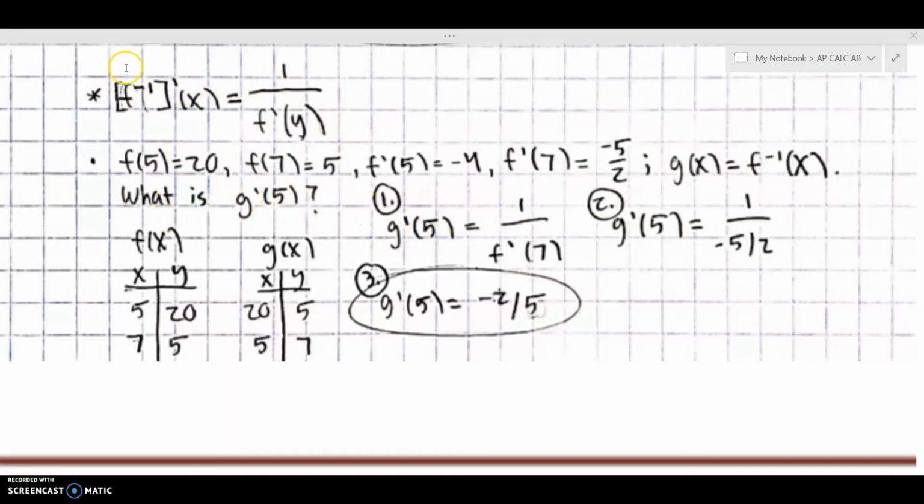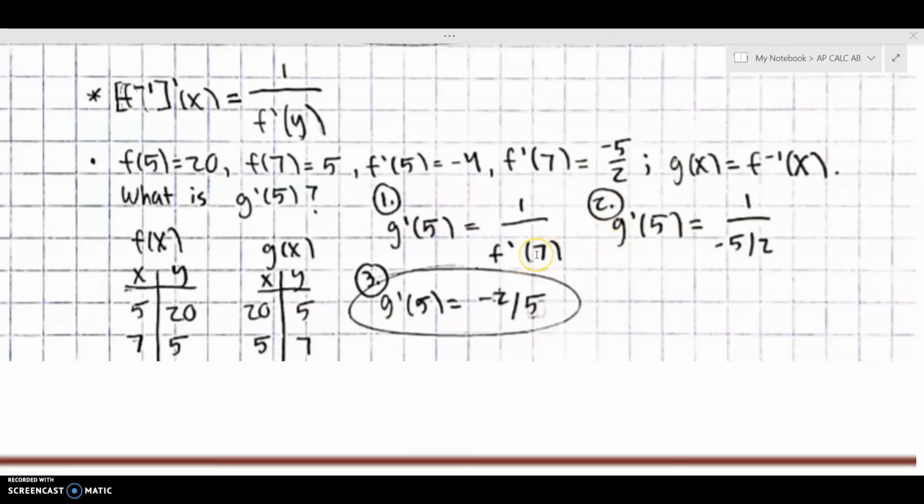In this circumstance, because g is the inverse of f of x, the derivative of g of 5 is equal to 1 over the derivative of f of 7. And as you can see, quick check, we have two different values right here. We don't want 2 5s or 2 7s. That wouldn't be good.